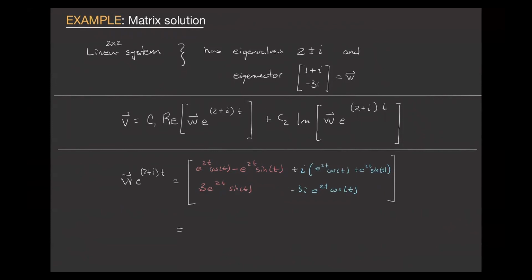Now we can write two different vectors. We can write one vector that just has this real part. Copy, paste, and then we'll have the second part, which is imaginary.